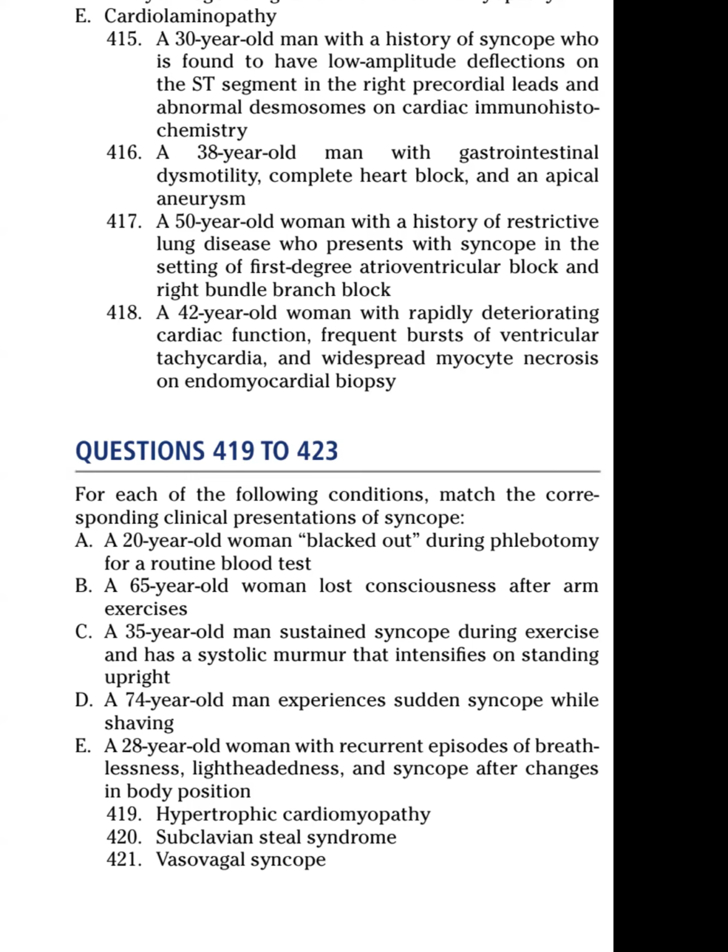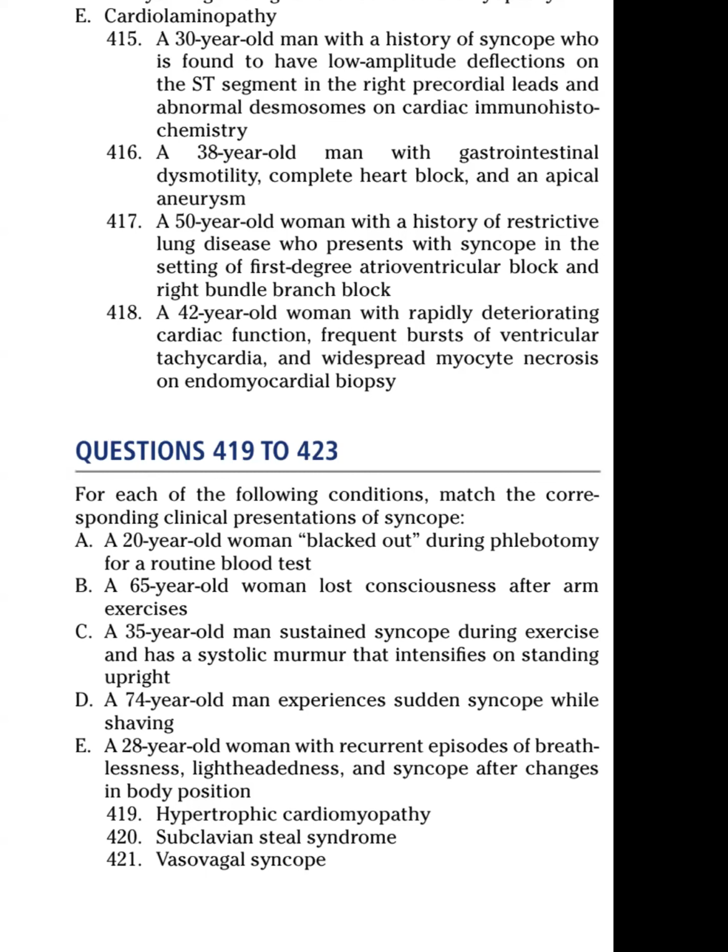Then for 420, subclavian steal syndrome, which is usually as a result of atherosclerosis in the subclavian. The best option that fits this is option B, the age of this woman.